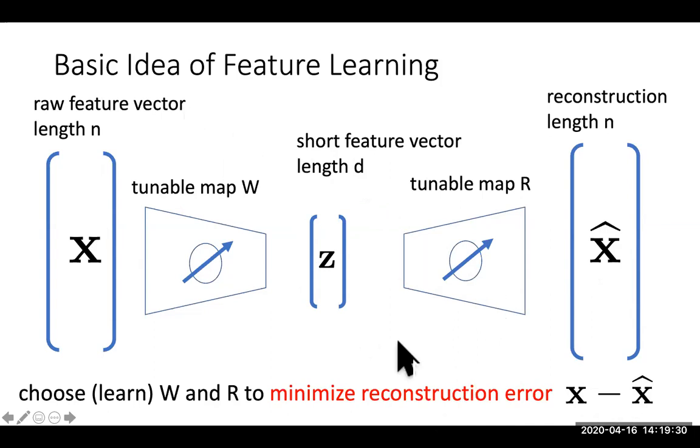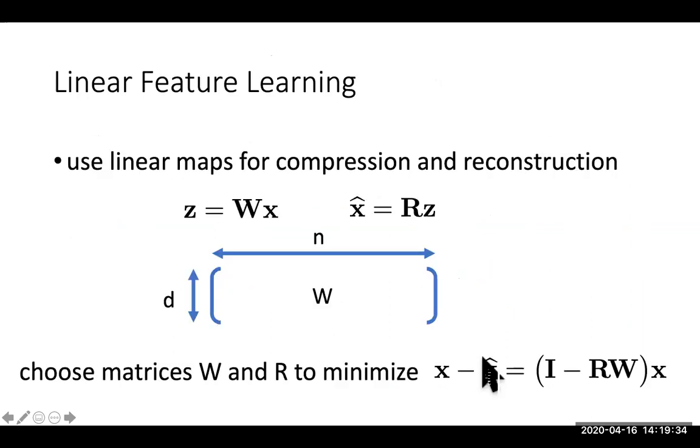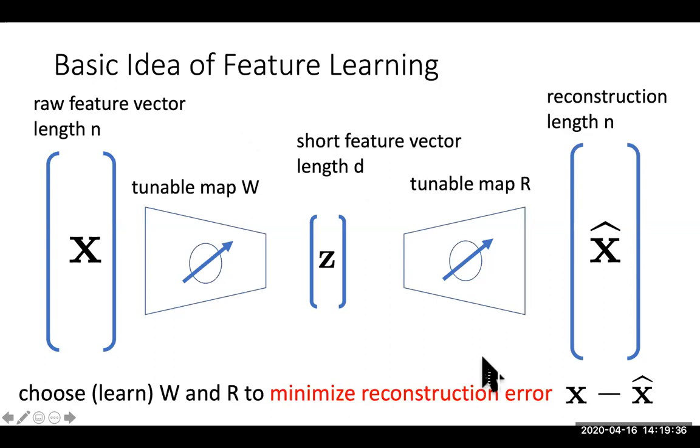And this minimum reconstruction error gives us a loss function. Again, the idea is to have a loss function that characterizes the quality of a map. And this map here is not the predictor map, but it's a compression map. So it compresses the raw feature vector to the short feature vector C. So the idea of feature learning is quite simple.